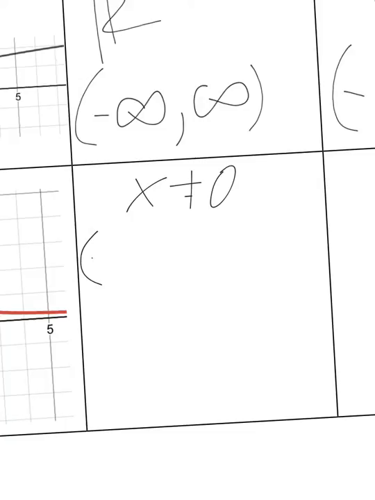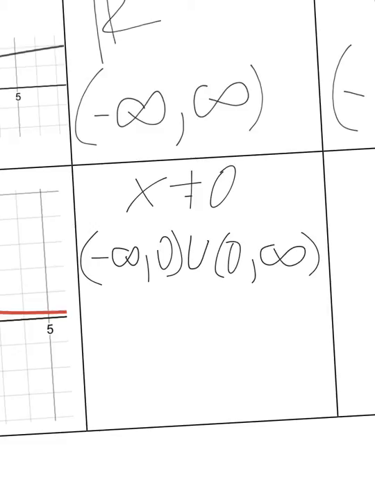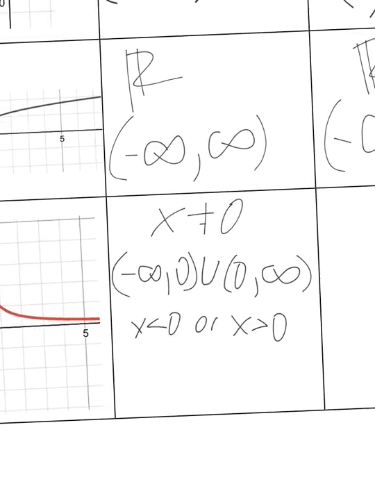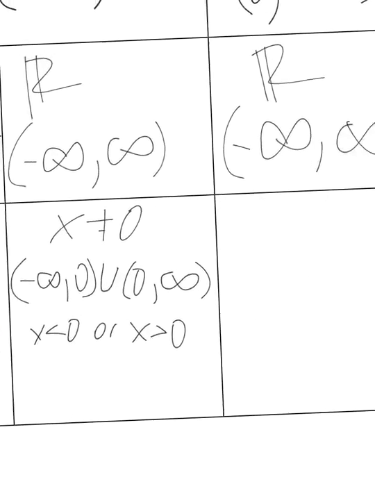Otherwise, you see a union, like negative infinity to 0, union 0 to positive infinity. Or you see x is less than 0, or x is greater than 0. You know, the union just means the word or. All right. I don't think I mentioned that in the first example that I did.